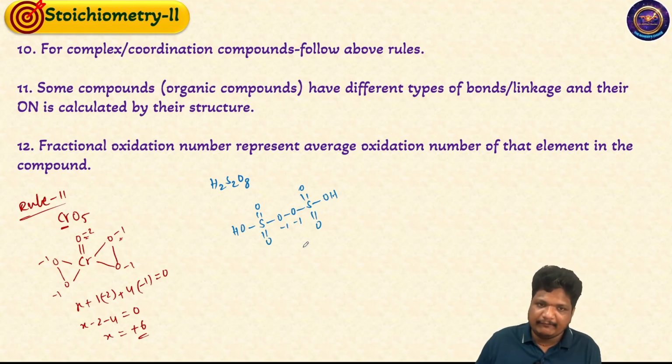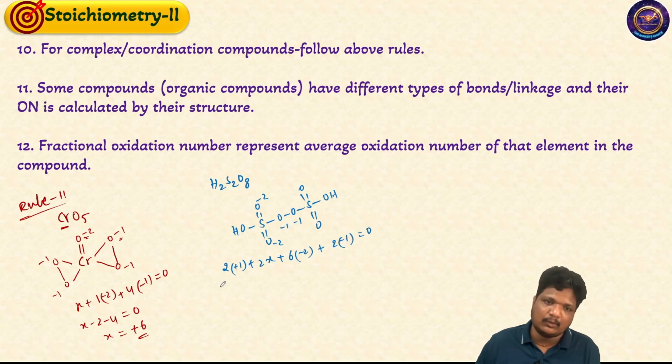So here, 2 into +1 plus 2x plus the 6 oxygens which have -2 oxidation state, so 6 into -2, plus 2 into -1, is equal to 0. So 2 plus 2x minus 12 minus 2, so it is -14, is equal to 0.